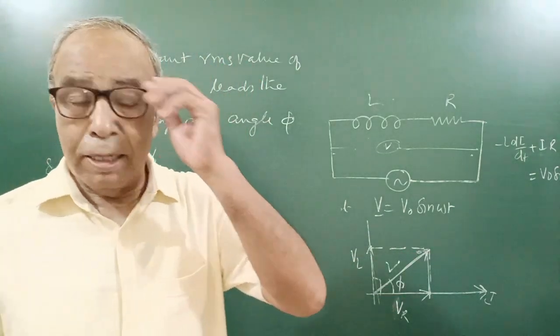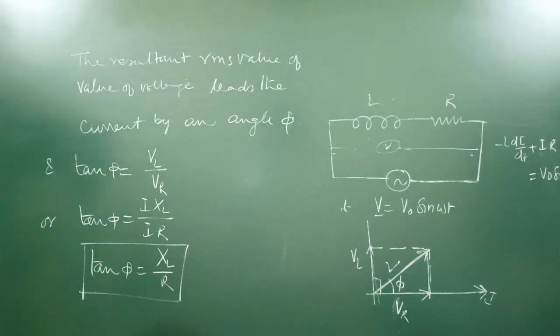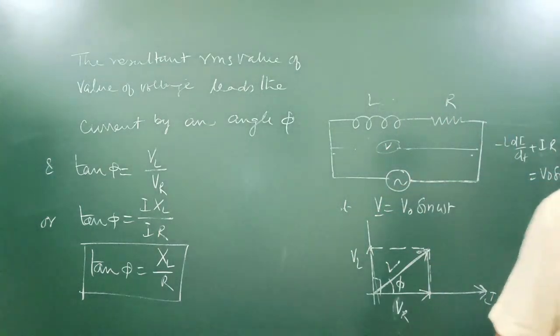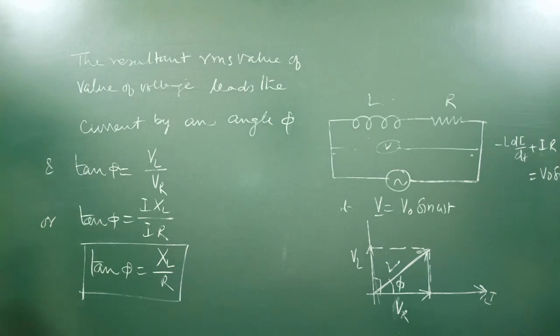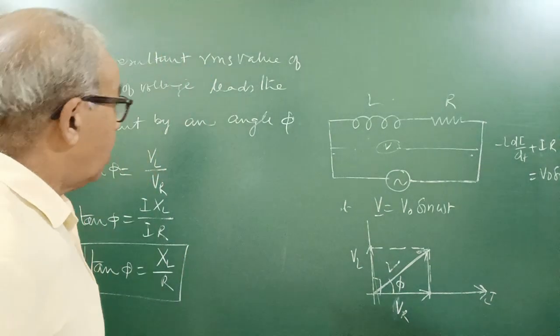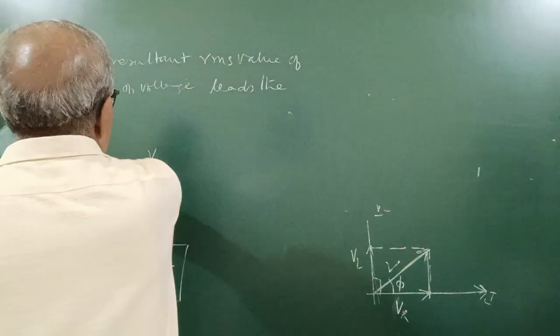In AC circuit, the current, the resistance, the reactance, the inductance, inductive reactance, all are vector quantities. While it is taught in class that voltage, potential difference, is a scalar quantity, that is true in case of direct current circuit. So this was something about series LR circuit.